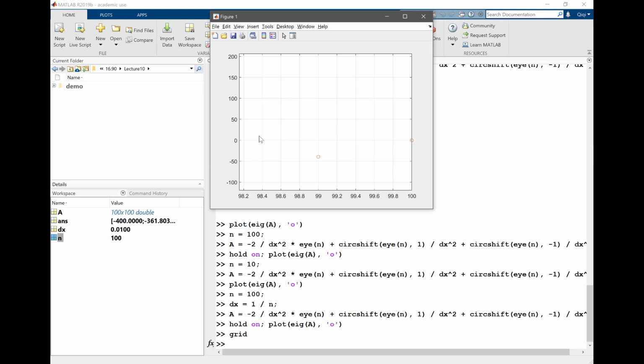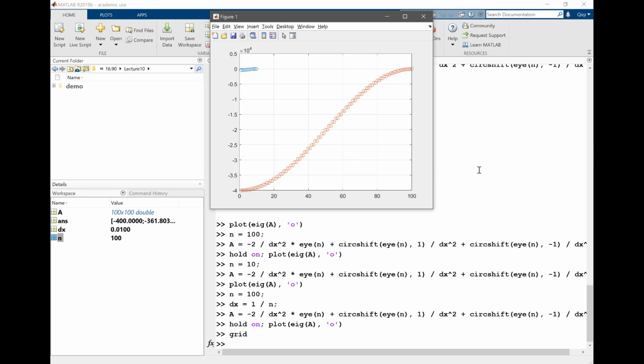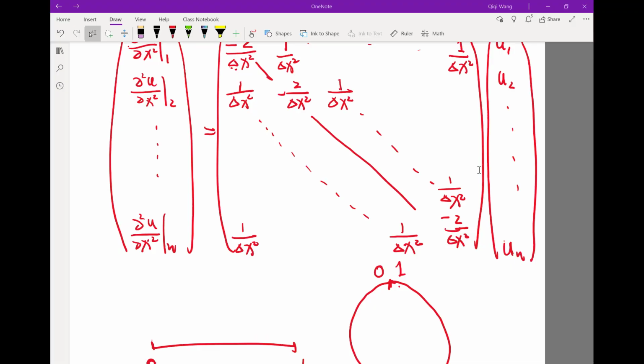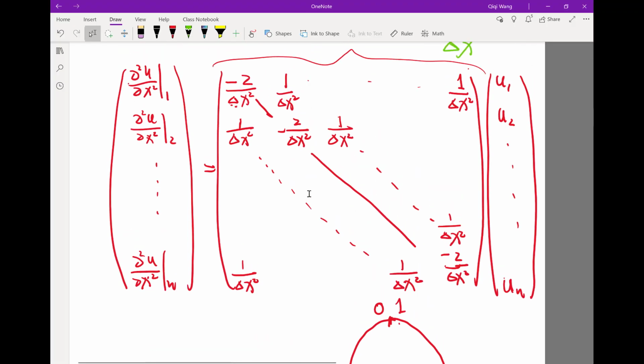0, right? Okay, and it's also not surprising if you analyze it, because if you look at this matrix, if I plug in a solution U of all ones, what do I get? I get 0, because if you sum up every row, it's all zeros.